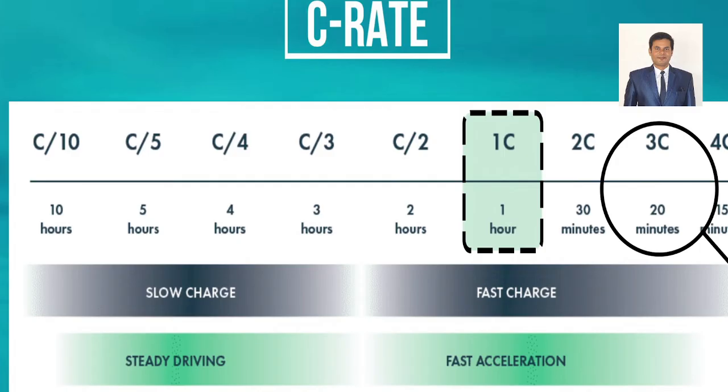For example, if it takes 1 hour, then the C rate is 1C. If it takes 5 hours to store the charge, then it is C/5. When you talk about 3C, the time taken is very little, about 20 minutes to charge the battery. That is quick charging.